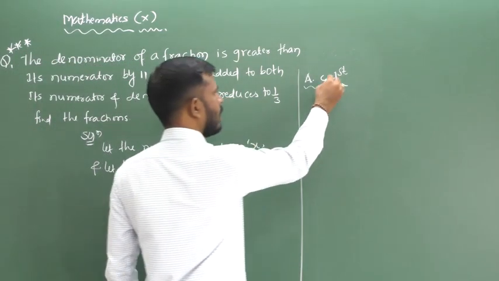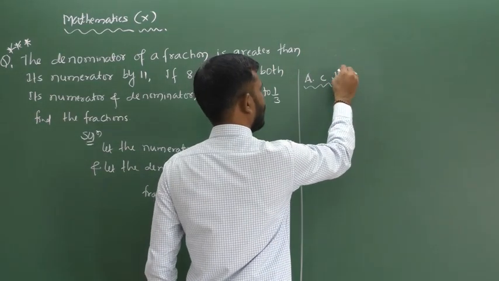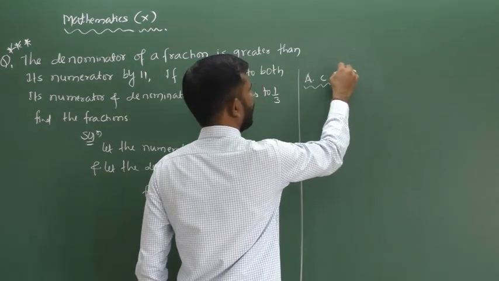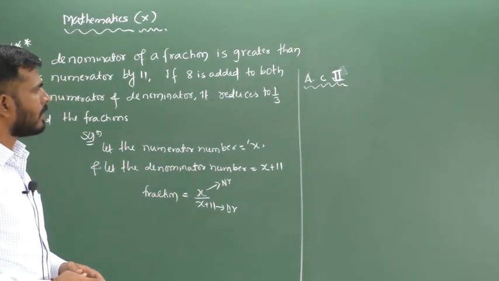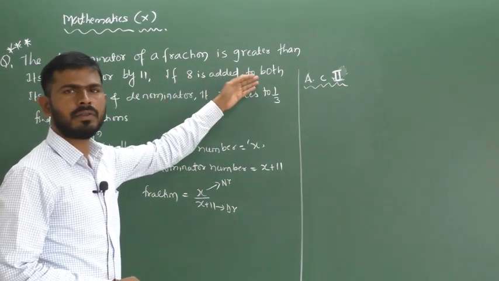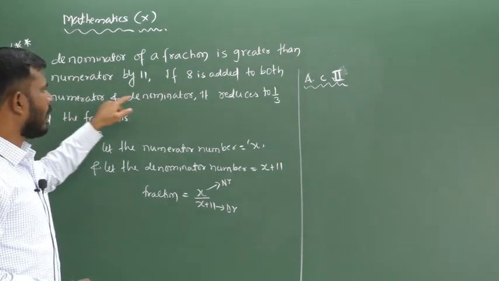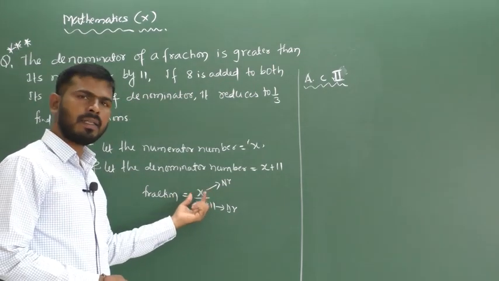According to the second condition, if 8 is added to both its numerator and denominator, this is the numerator and this is the denominator.